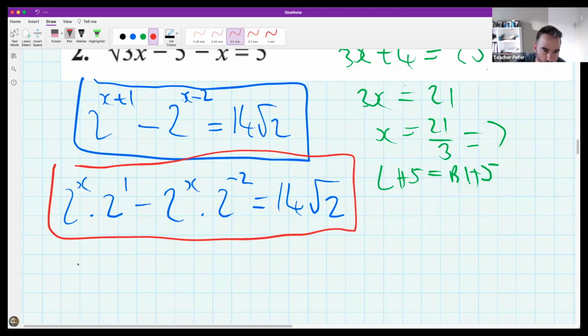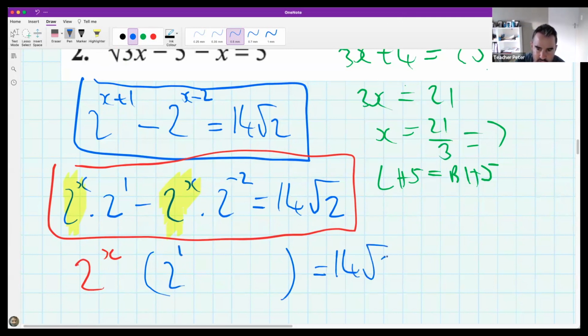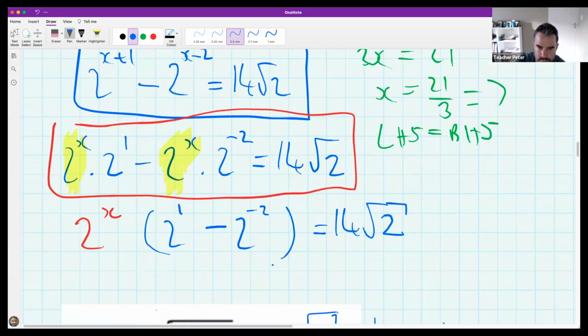So now what we do is we take out 2x because 2x is in common to both. And what I'm going to do is I'm going to say, look, that has to be 2 to the 1. This stays here. What do we think is going to go here? It's just going to be 2 to the minus 2.